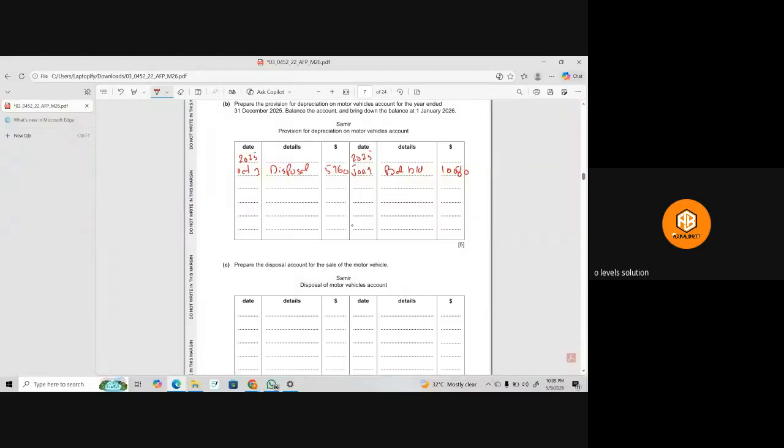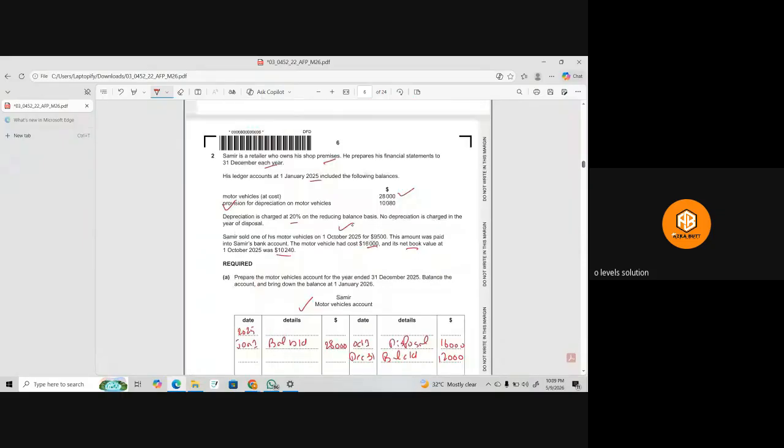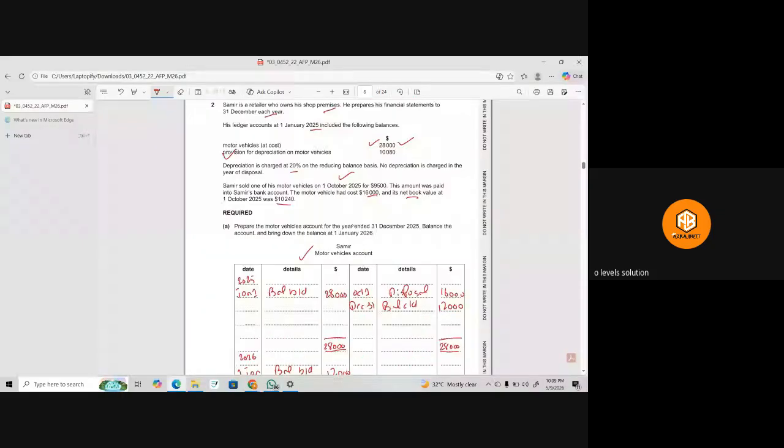Okay, then we need to find out the depreciation on the vehicles which we have right now. As you can see that we have the motor vehicle at a cost, it is 28,000. Out of this, we have sold one. And what was the cost of this? 16,000. Okay, so minus 16,000. So the remaining one is 28,000 minus 16,000, which is equal to 12,000.